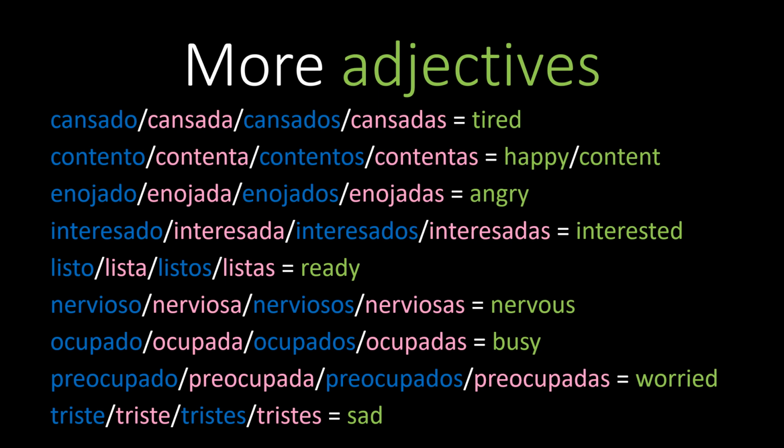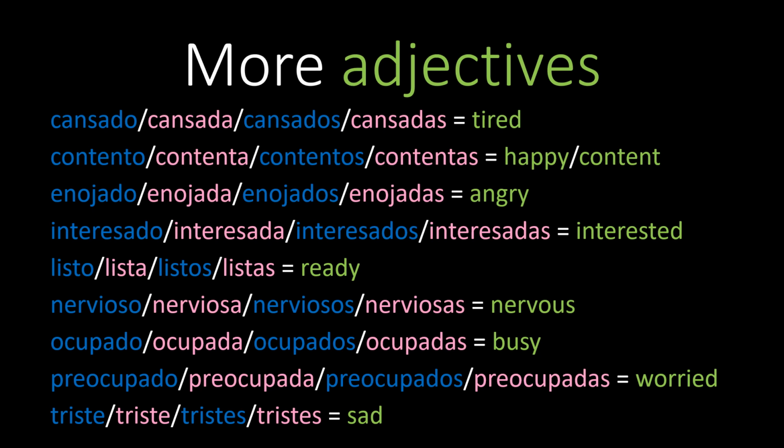Okay, here are a bunch more adjectives, starting with tired. Cansado, cansada, cansados, cansadas, tired. Then happy or content, contento, contenta, contentos y contentas. And then the word for angry, enojado, enojada, enojados, enojadas. Look at the words for interested.